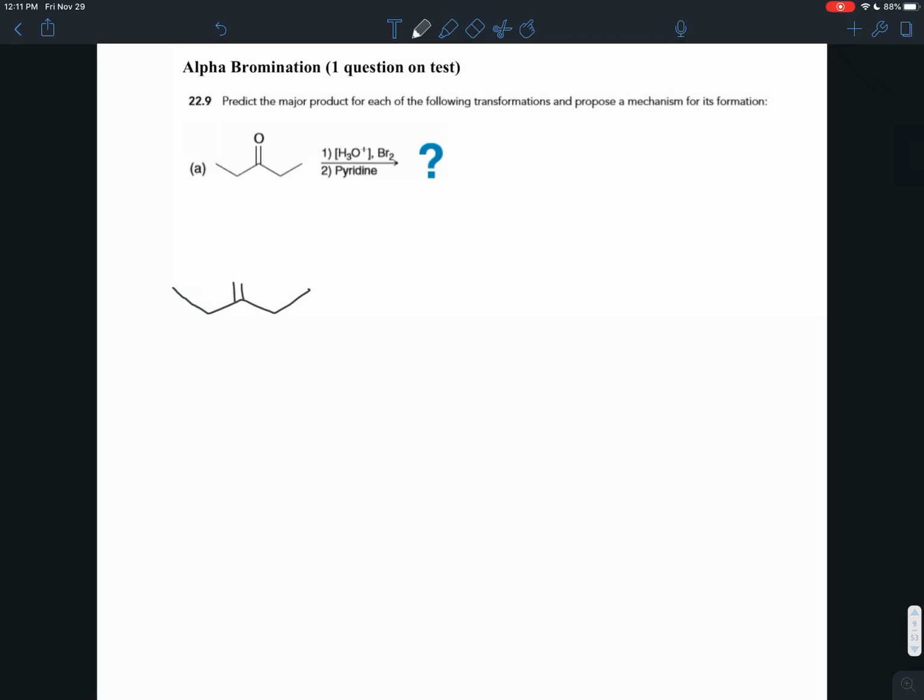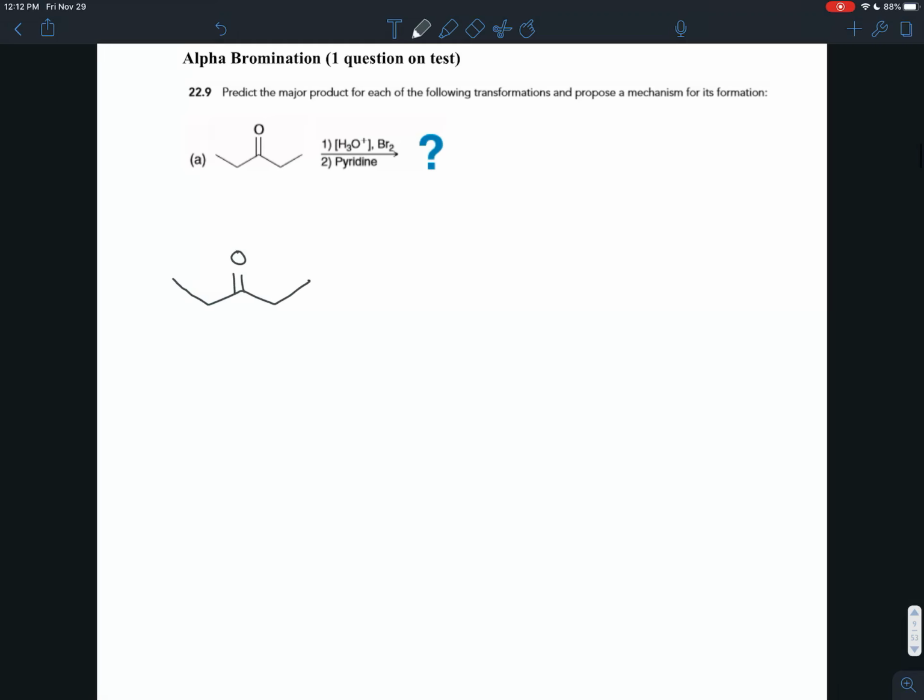So in this case, we'd have this ketone, and now after those last few videos, when you see this, you don't just want to see the ketone, you also want to see the enol, where this alpha carbon can become nucleophilic. Now if you treat this with catalytic acid, then the mechanism will at first be exactly like the mechanisms that we drew and explained in detail in those previous videos.